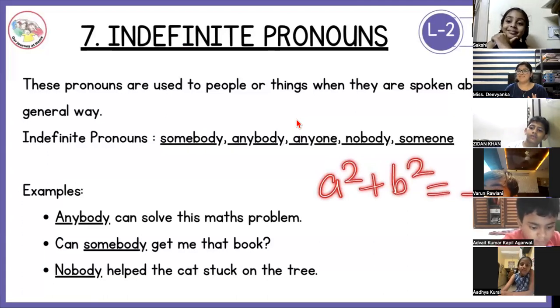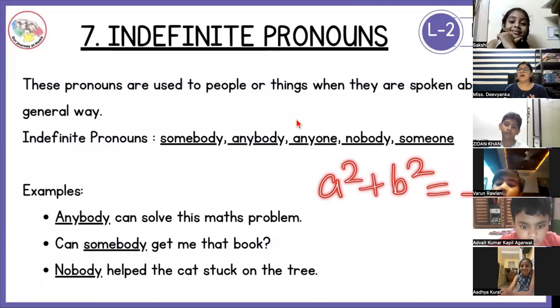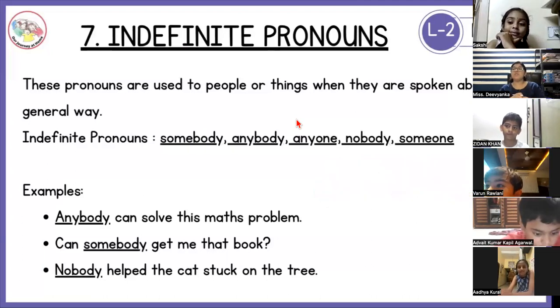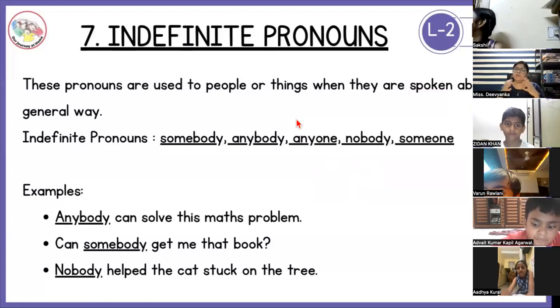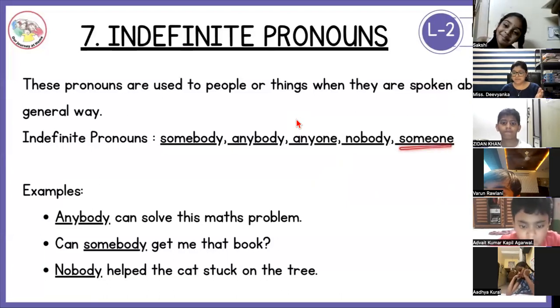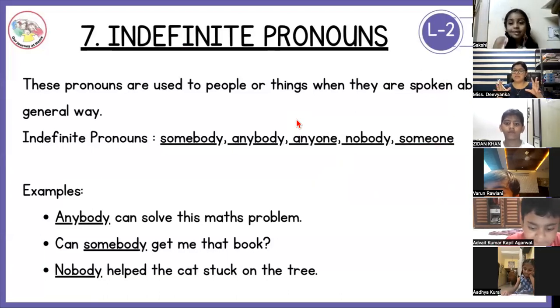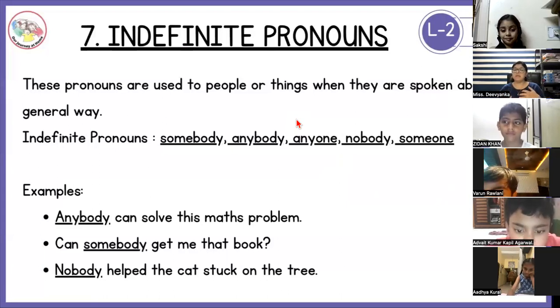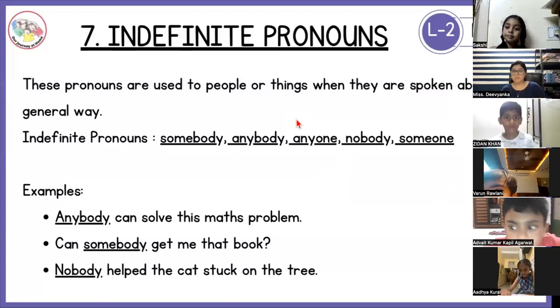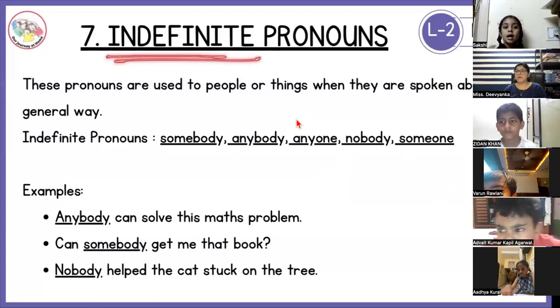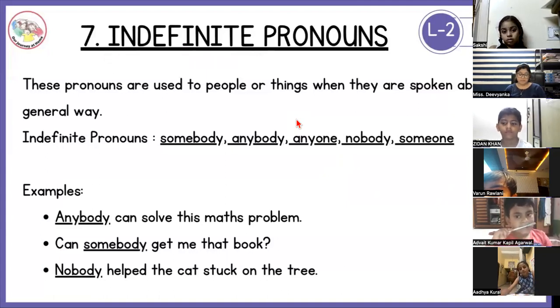Do you know it? No, ma'am. So I'm using specific words to tell you anything that is in a group, or even if it is individually, like for the word someone, still I'm addressing a group of people or a group of things. And then I am saying either somebody, anybody, nobody, someone, anyone, etc. So these type of words are called as what? Indefinite pronouns.